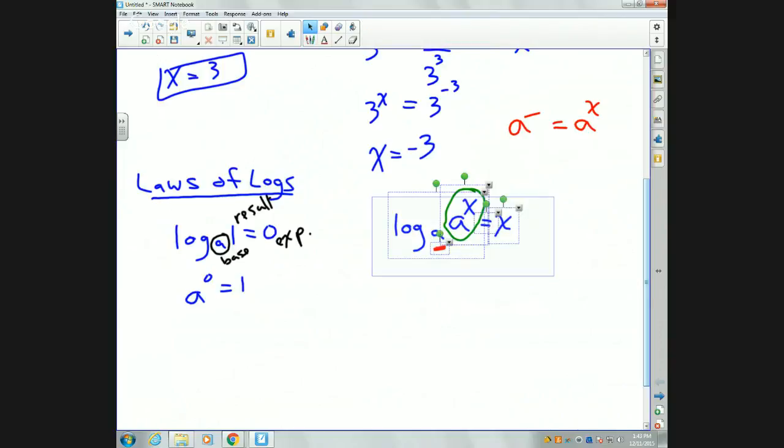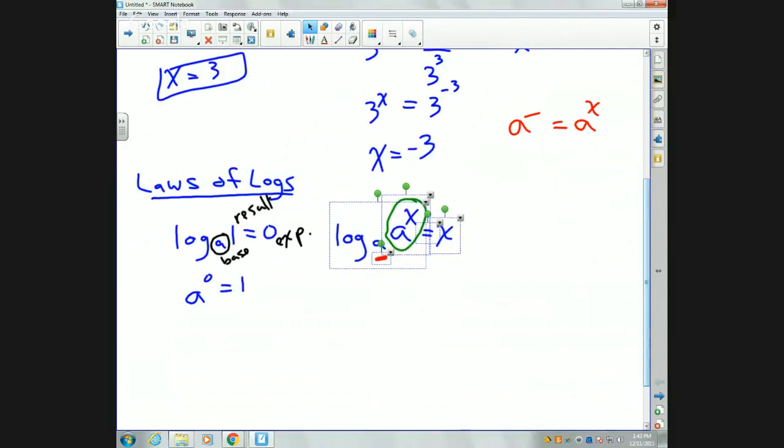And there's one more. This one's a little bit trickier to understand what's going on, but we'll get there. Here's a to the log x base a.